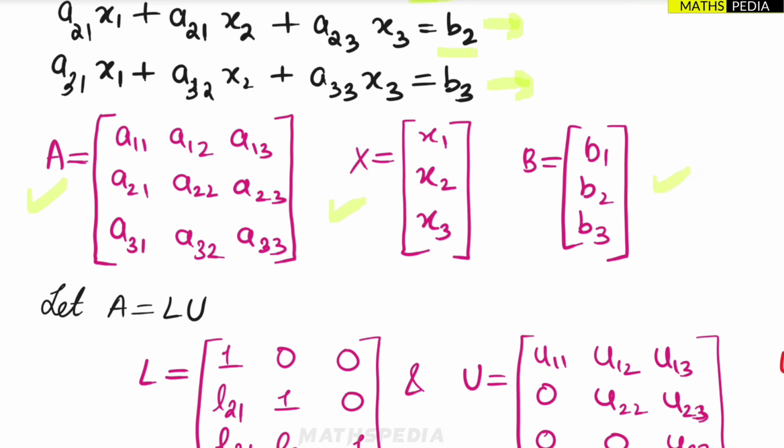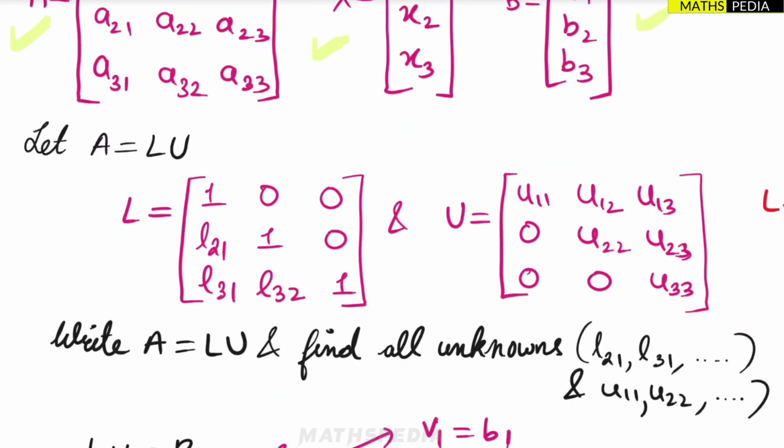And the B matrix is the constants sitting on the right hand side. If they are not on the right hand side, you have to bring them there, and write the coefficients carefully because the minus sign and plus sign matter. So we have done the first step, writing the A matrix, B matrix and X matrix.